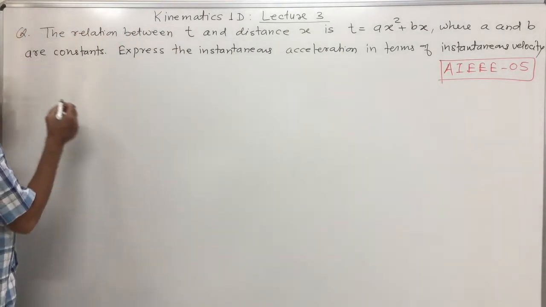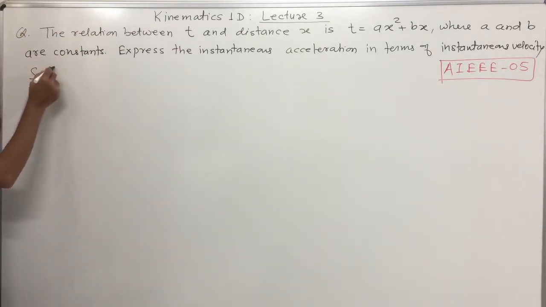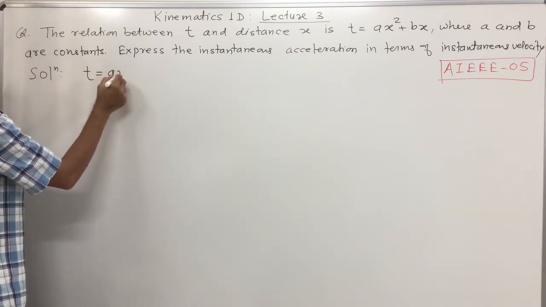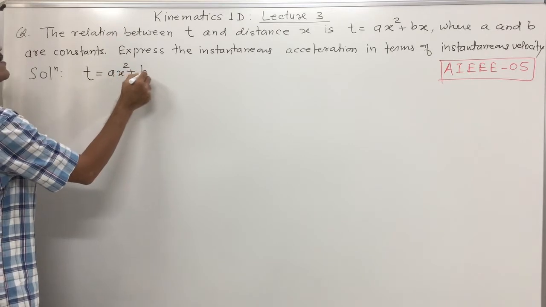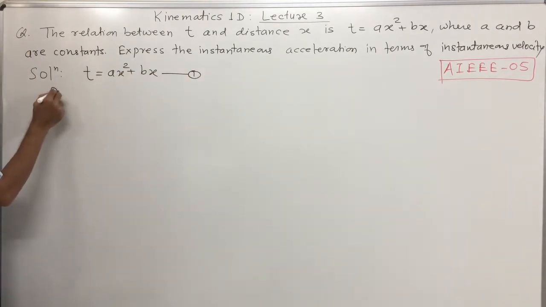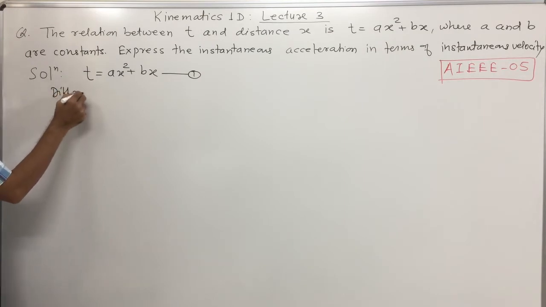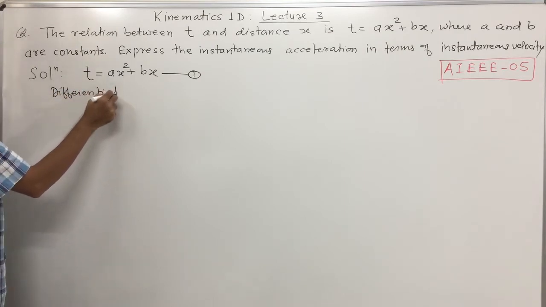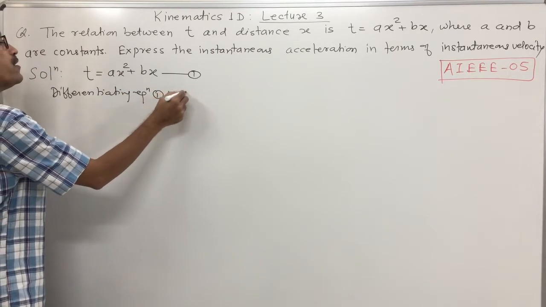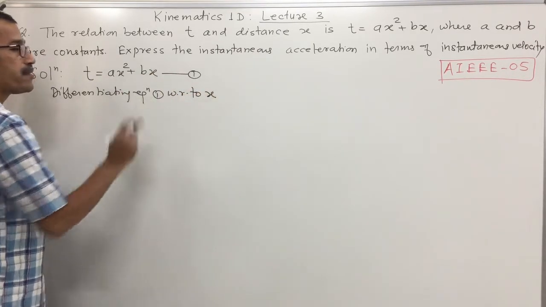Now see, I will write the given equation first. T is ax square plus bx, equation 1. We'll differentiate this equation, differentiating equation 1 with respect to x.